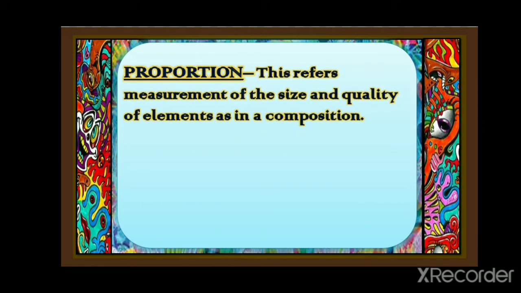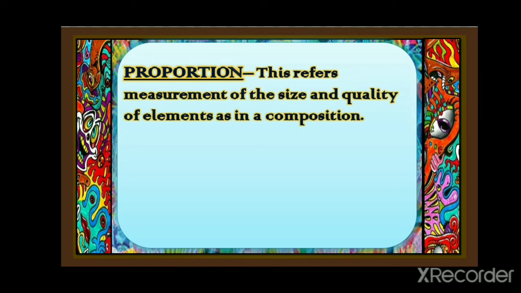And we have two more principles. The proportion. This refers to the measurement of the size and quality of elements in a composition. In ancient art, proportion of forms was enlarged to show importance.